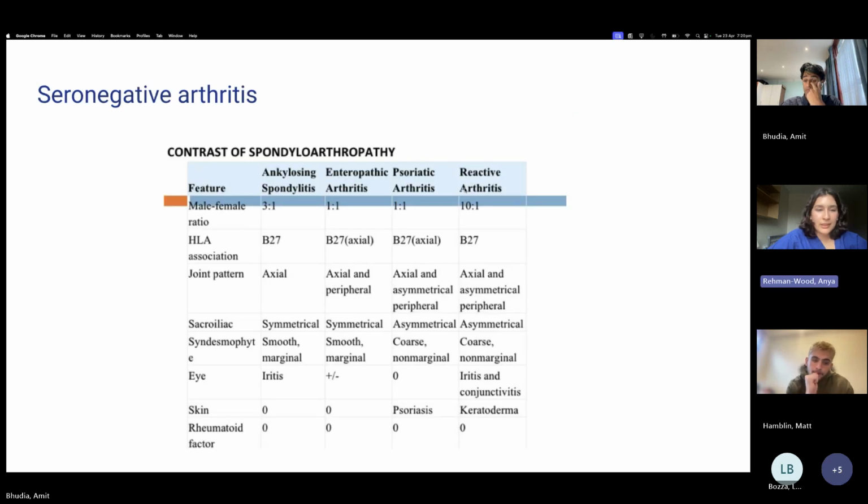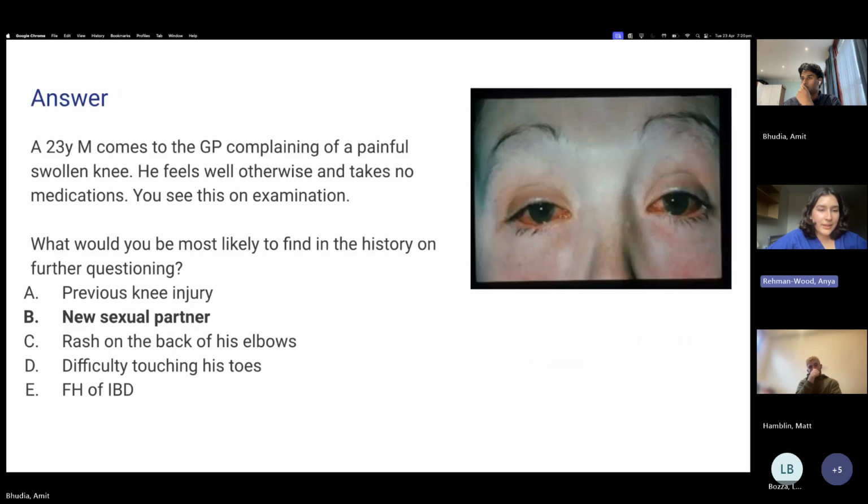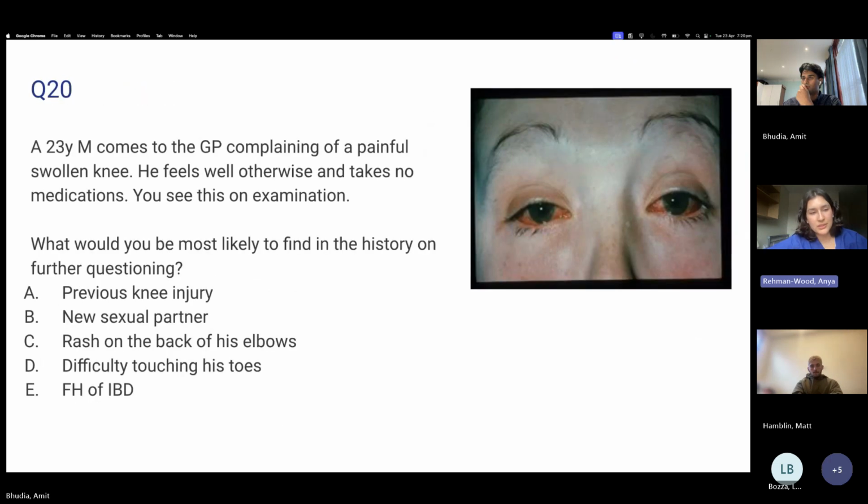This is just summarizing some of the seronegative arthritis. So the other options in that question were describing symptoms of other seronegative arthritis.